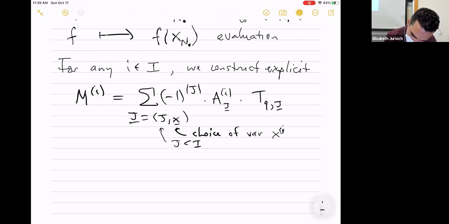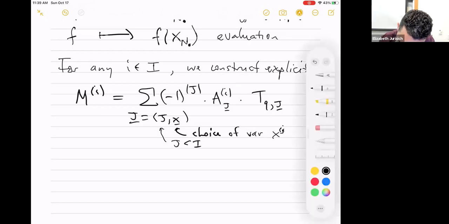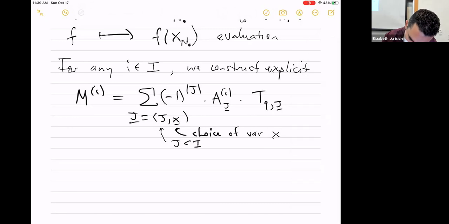Let me make this clear: at J. So it's a variable in the set of variables, but it has to be positioned at vertex J. It's a special one, so I underline it.